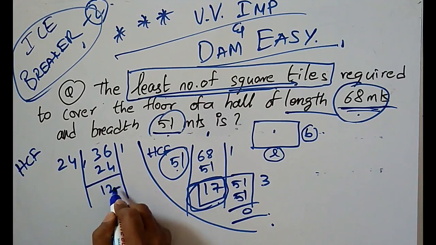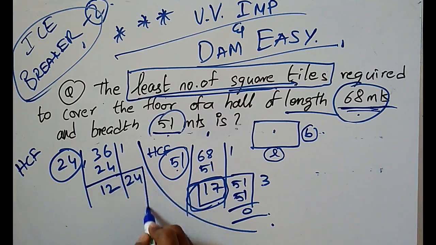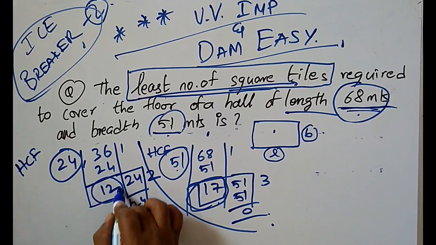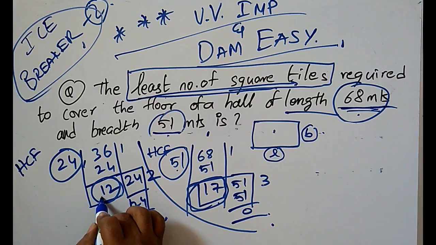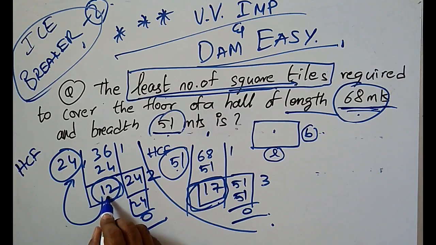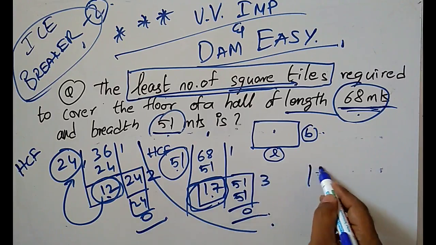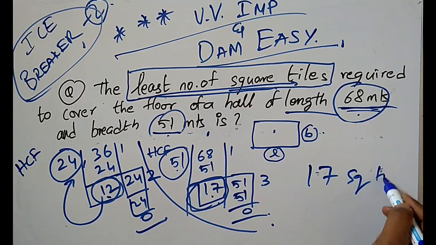You will get 12 and bring this divisor this side. 24 and 12 twos are 24. You will get 0. So this is the answer. This is the GCD or HCF of these two numbers, and we can lay 12 square tiles. Here in this question we can lay 17 square tiles. So this is the icebreaker in this video.